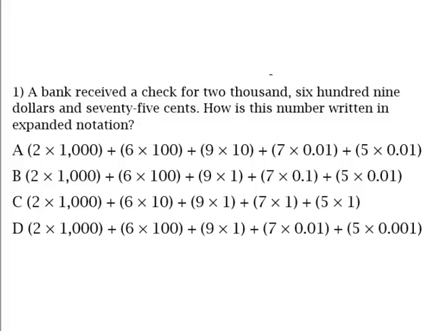B, 2 times 1,000 plus 6 times 100 plus 9 times 1 plus 7 times the tenths place plus 5 times the hundredths place. C, 2 times 1,000 plus 6 times 10 plus 9 times 1 plus 7 times 1 plus 5 times 1.